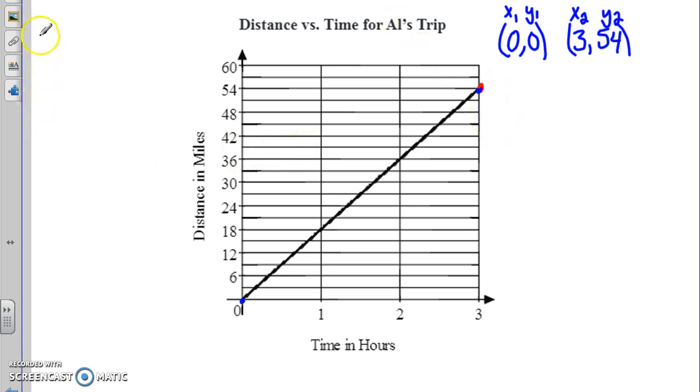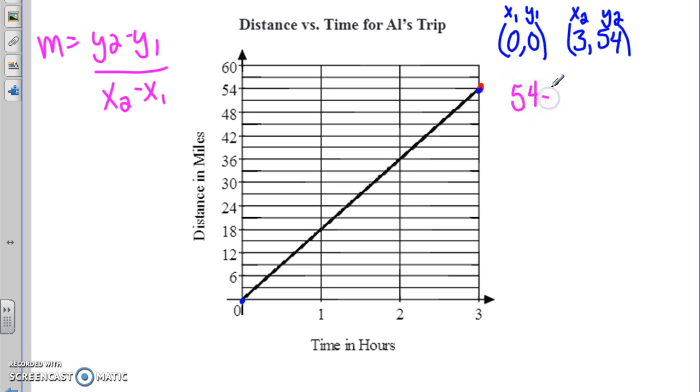Okay, so I label these as x1, y1, x2, y2, and then I fill into my formula. Remember, my formula was y2 minus y1 over x2 minus x1. So y2 was 54 minus y1 is 0, x2 is 3 minus x1 is 0. So 54 minus 0 is 54, 3 minus 0 is 3.